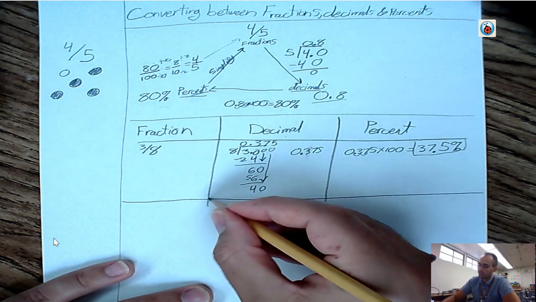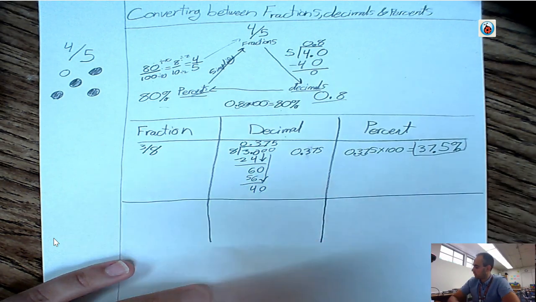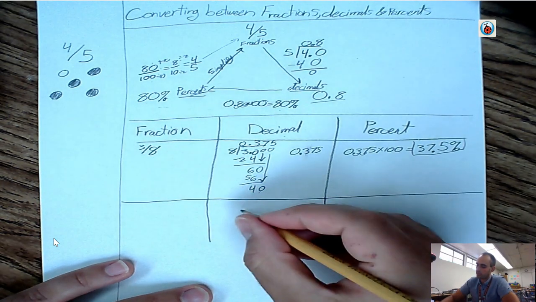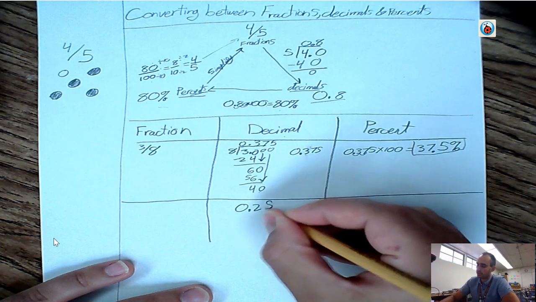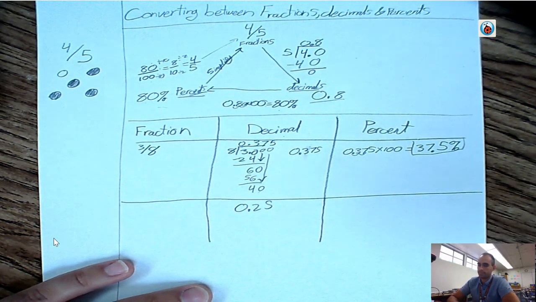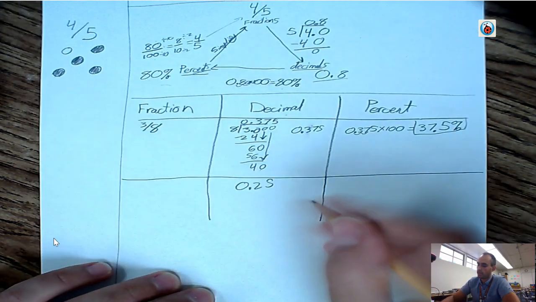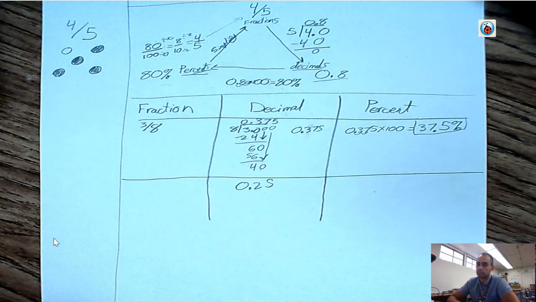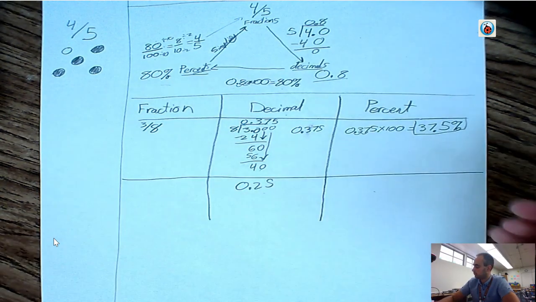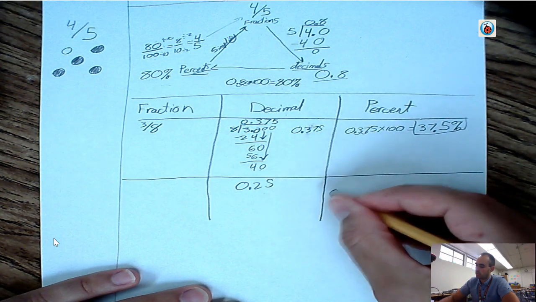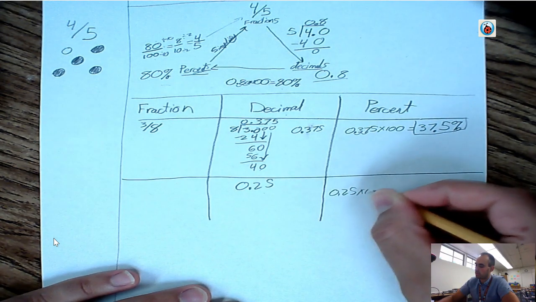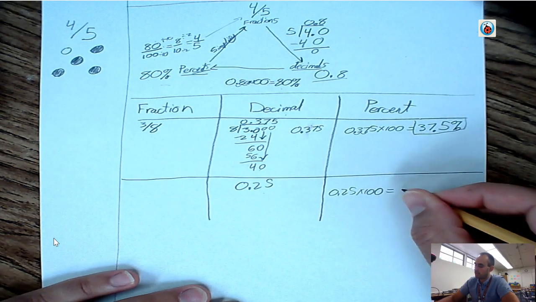Let's start with a different number. Let's say I started with my decimal, 0.25. How do you get from that to a percent? 0.25 times 100, I get 25%.